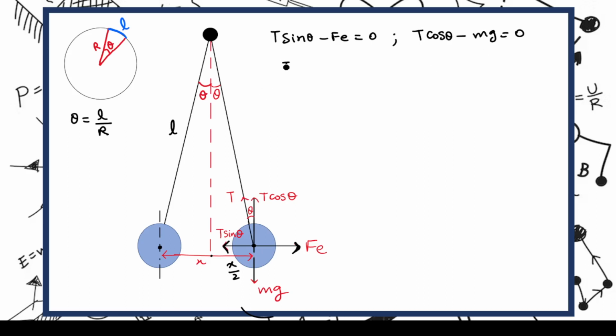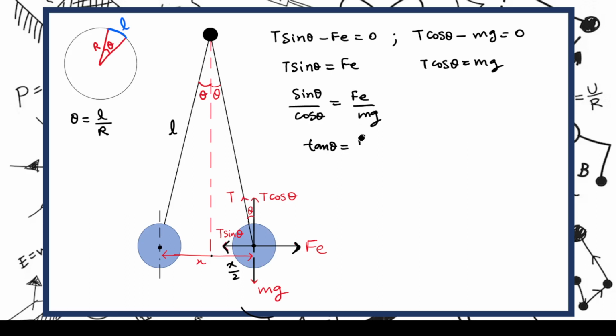If we simplify this, T sin theta is equal to Fe and T cos theta is equal to mg. If we divide this equation by this, we get sin theta over cos theta equal to Fe over mg, or tan theta equal to Fe over mg.